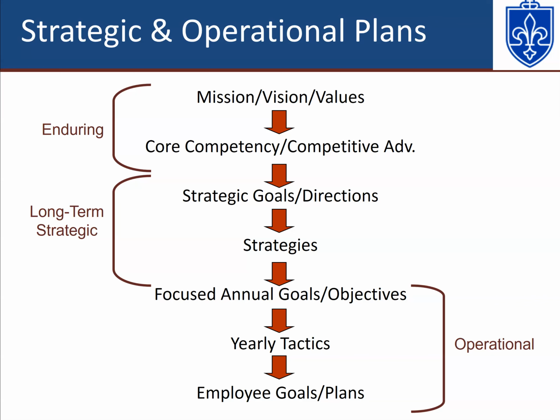When I do strategic planning, I'll typically help an organization set 4 to 6 strategic goals, and each one of those goals then has a set of strategies, usually about 2 to 4 strategies per goal. So the goals might be 3-year goals that provide direction, what the organization wants to do, how it wants to change, and the strategies are generally how they're going to go about these strategic goals.